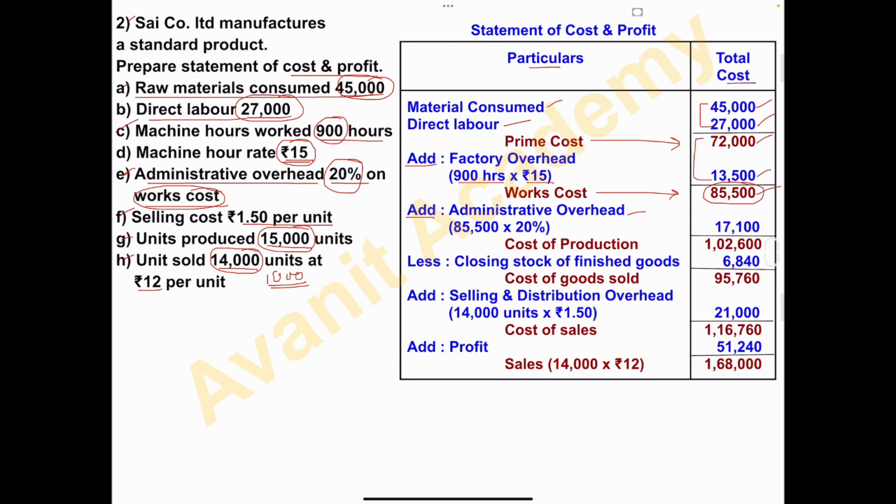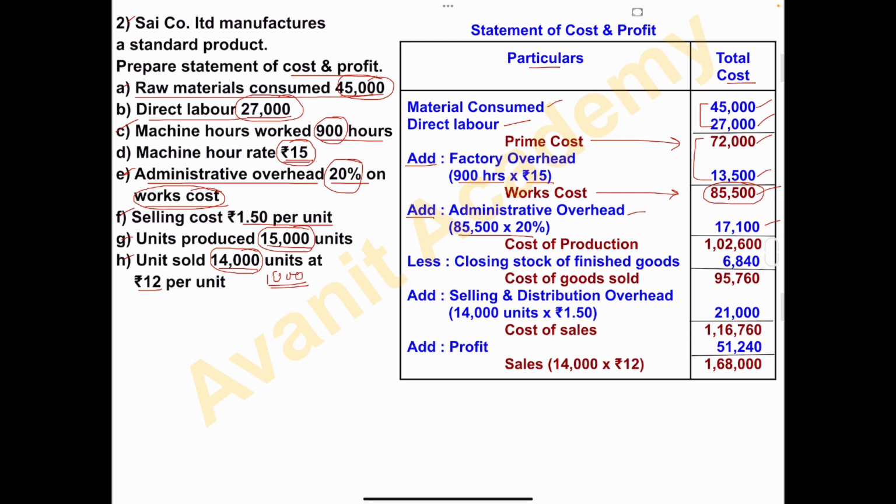Show here the calculation in bracket. Works cost amount is 85,500 into 20%, as mentioned in the problem. Calculate this. 85,500 into 20%. You will get 17,100.